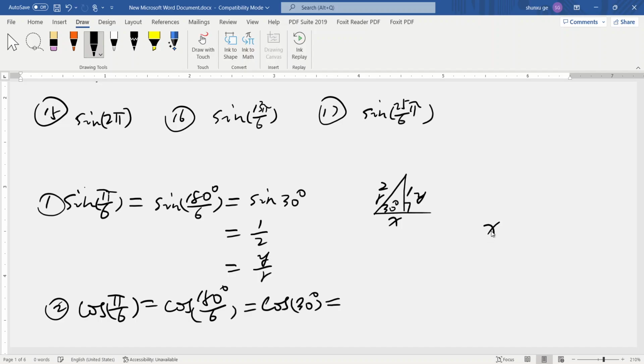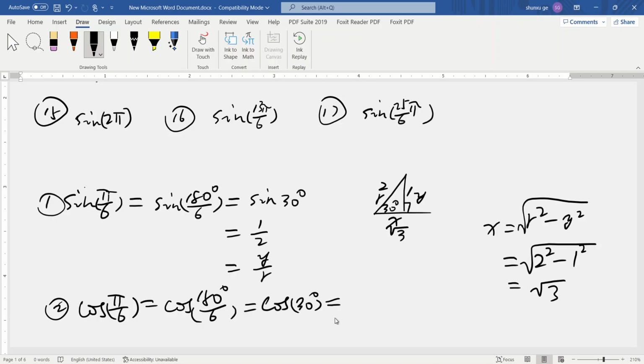So x equals the square root of r squared minus y squared, because x is a side length, so it must be positive. So 2 squared minus 1 squared, square root of 3. So this side is square root 3.